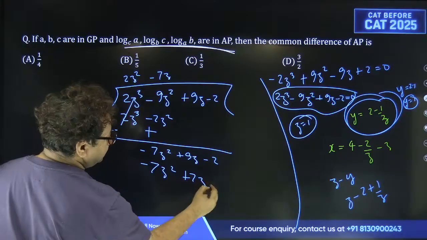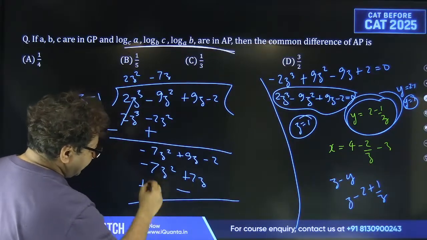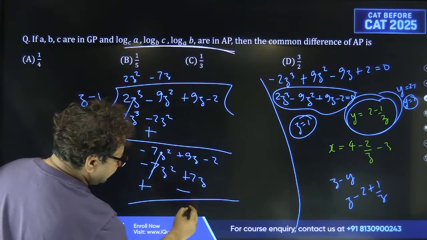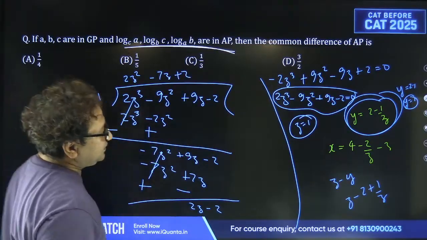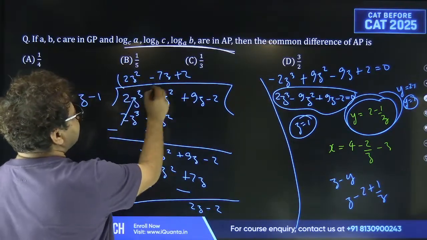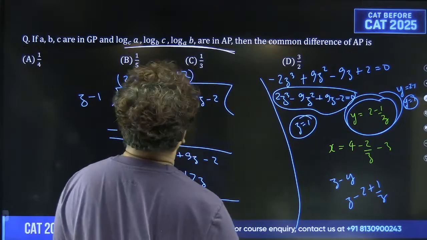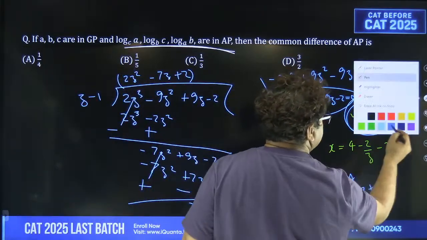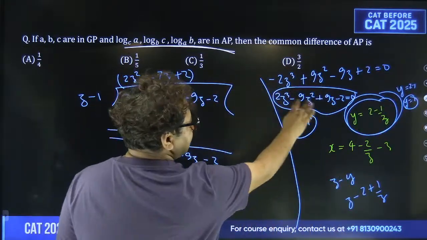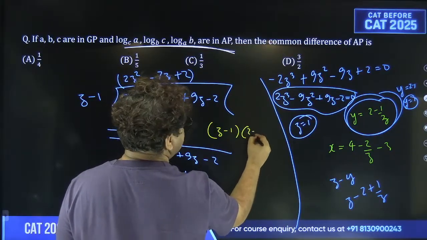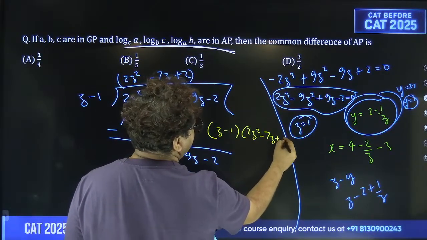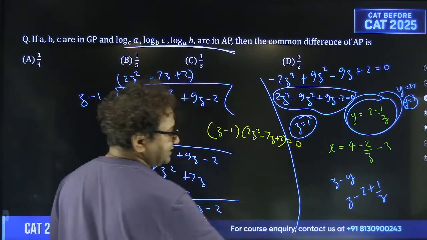All of you know how to divide, right? This gets cancelled out. 9 minus 7, 2z minus 2, so one more plus 2 will come. So we'll be left with this. All right. So this can be broken down as z minus 1 multiplied by 2z square minus 7z plus 2 equal to 0. Is that right?